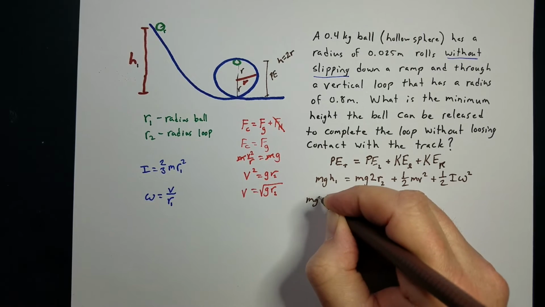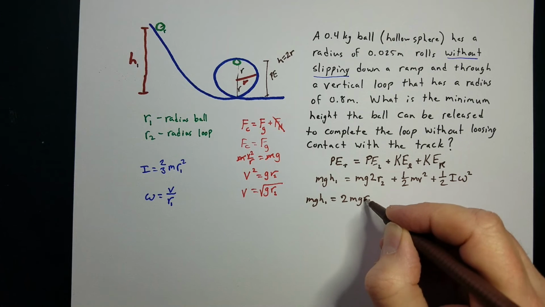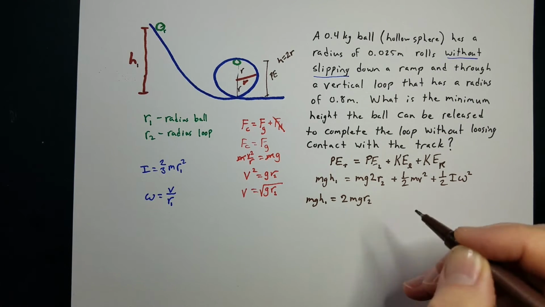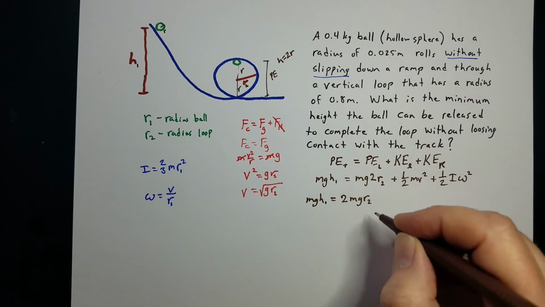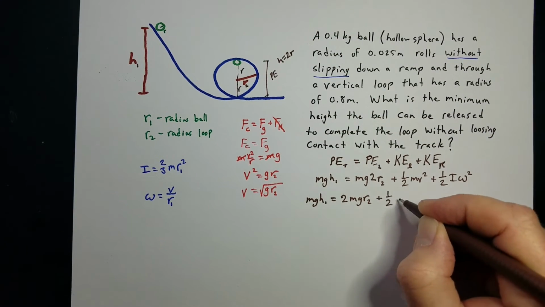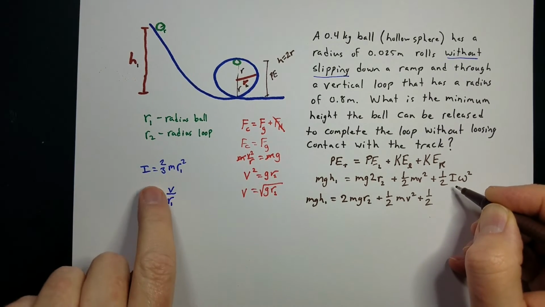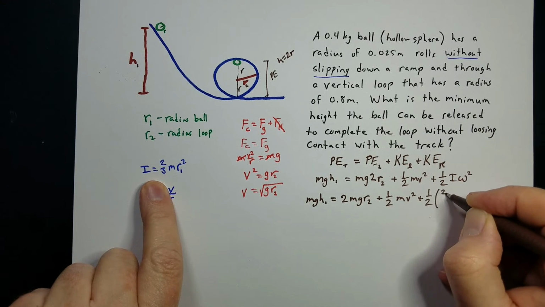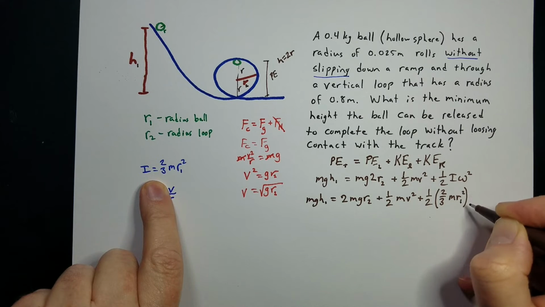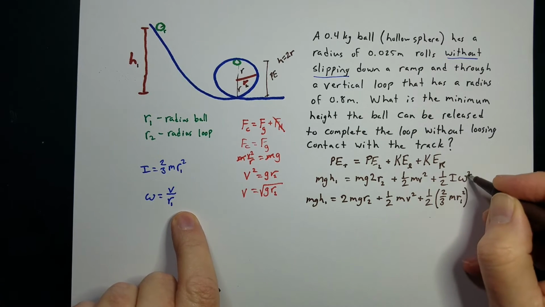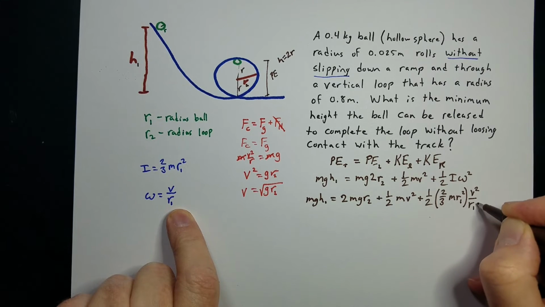So I'll rewrite: mg times the height at the top of our ramp equals 2mg R2, where R2 is the radius of our loop, plus 1/2 mv squared plus 1/2 times I, which is 2/3 m R1 squared, times omega squared, which will be v squared over R1 squared.